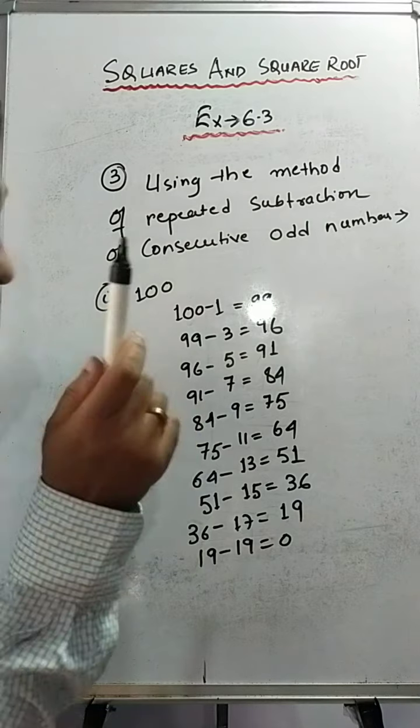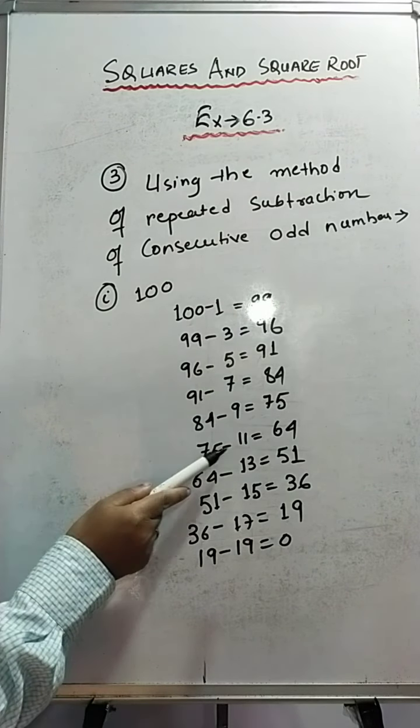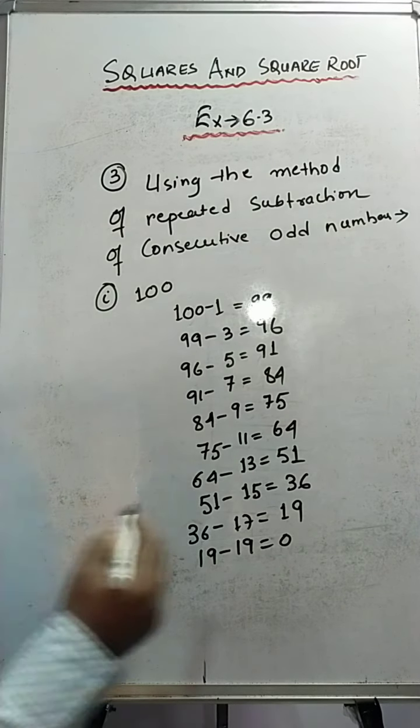So how many times have we done the repeated subtraction? That is 1, 2, 3, 4, 5, 6, 7, 8, 9, 10 times, students. So we'll write 10 times repetition.